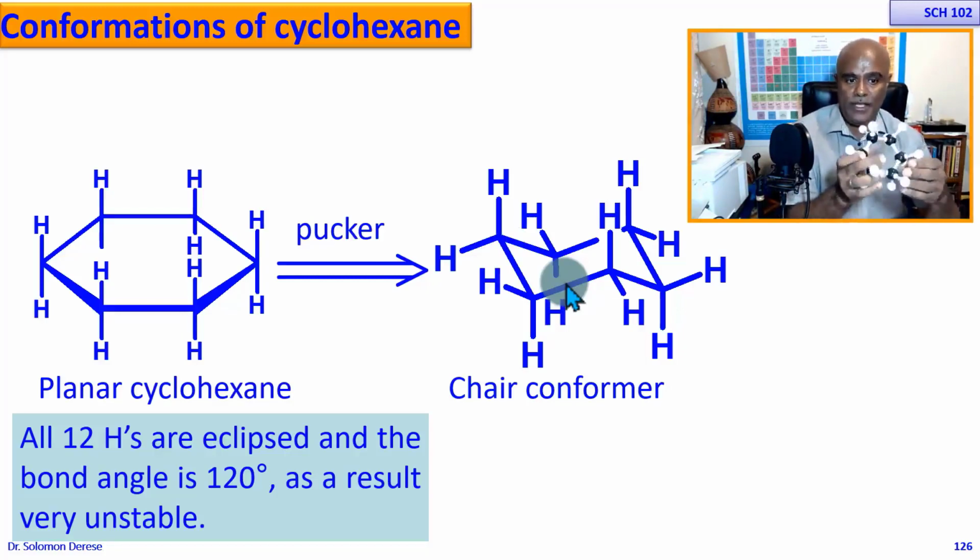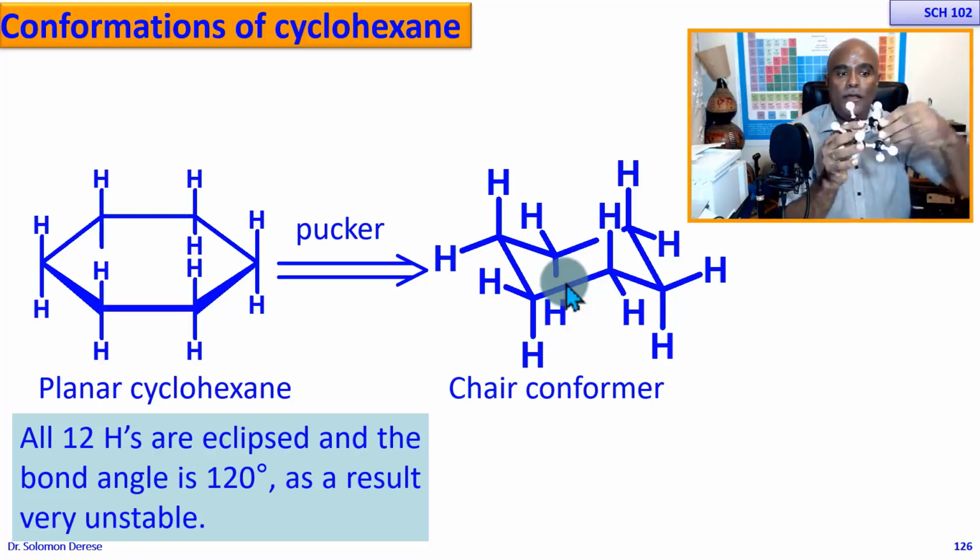So what's going to happen from the planar as it goes to the chair conformer? The carbons that are opposite to each other, this one and this one, will go out of plane in different directions. This one can go up like this, and then the one directly opposite to it will go down like that, and then adopt this conformation.